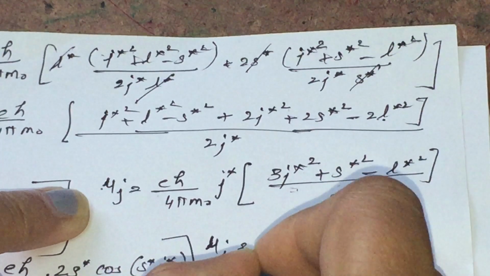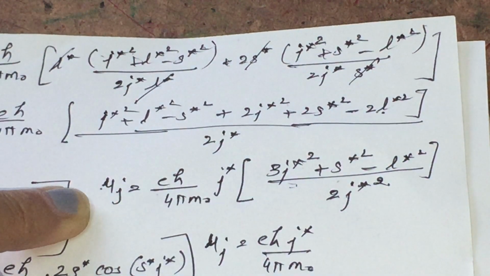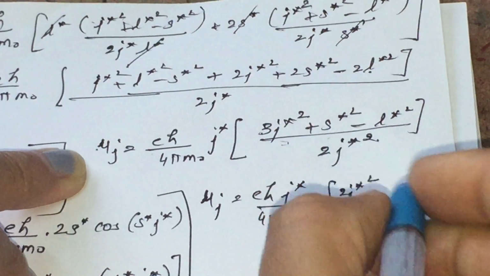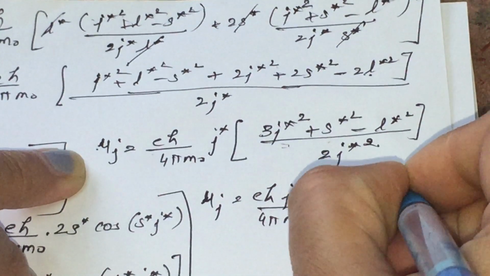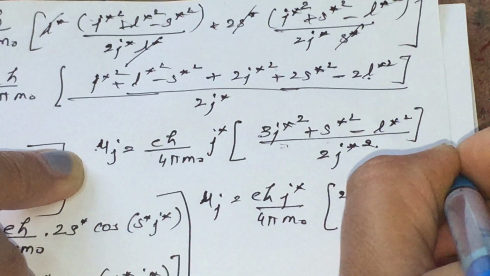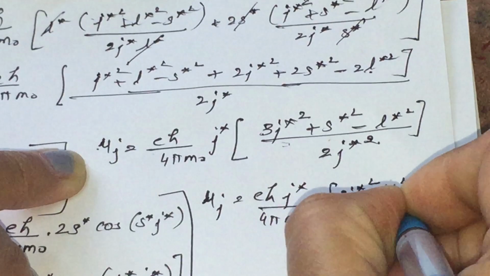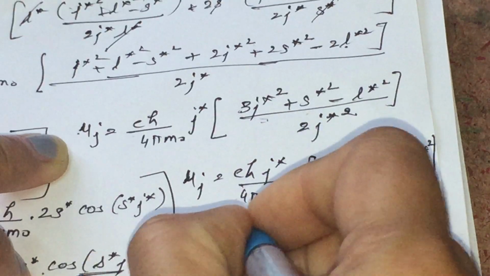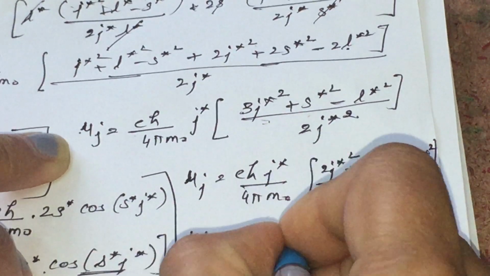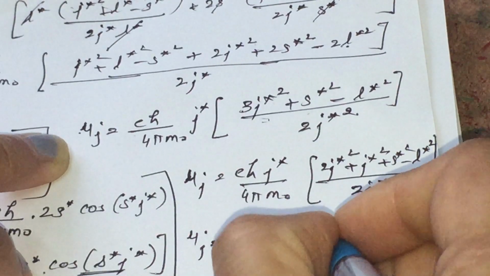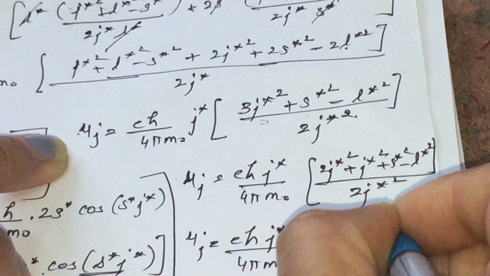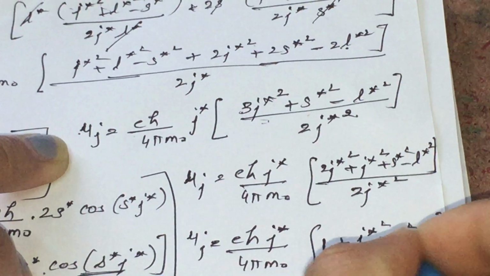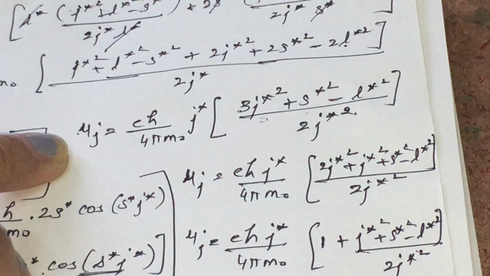We will have eh upon 4 pi m naught times of J star, and here we are taking 2 J star square plus J star square plus S star square minus L star square divided by 2 J star square, and you will have a very significant term, that is 1 plus J star square plus S star square minus L star square divided by 2 J star square.